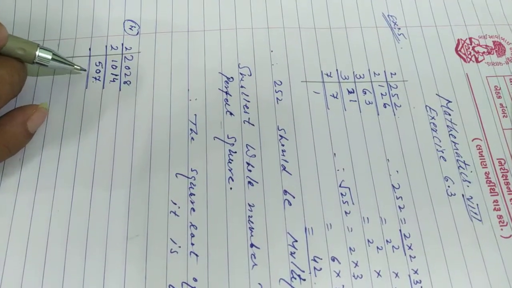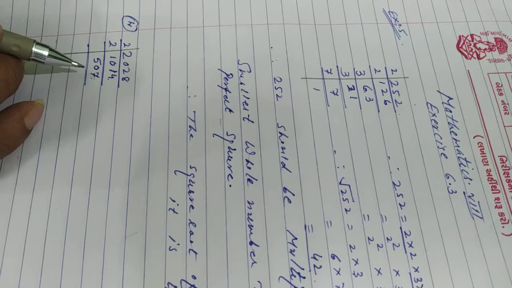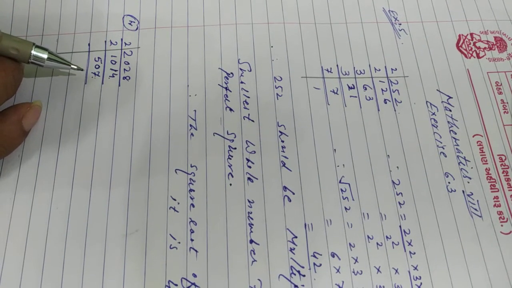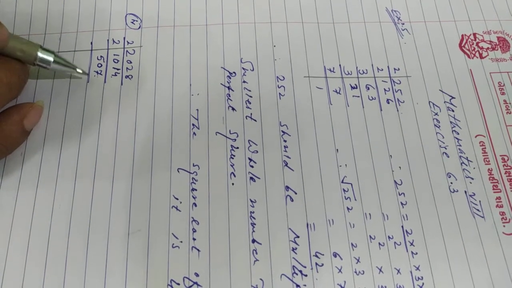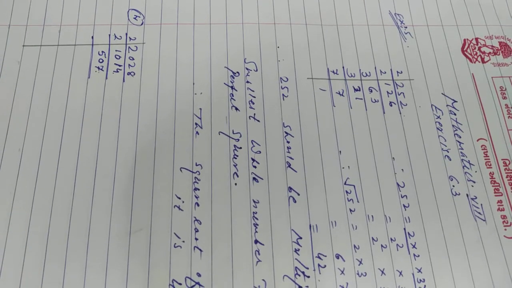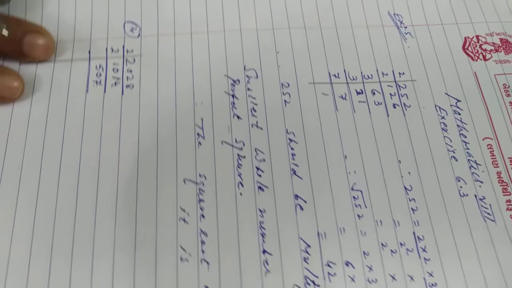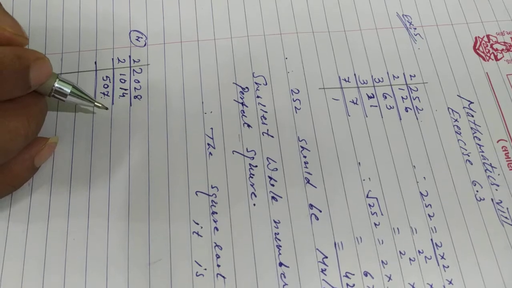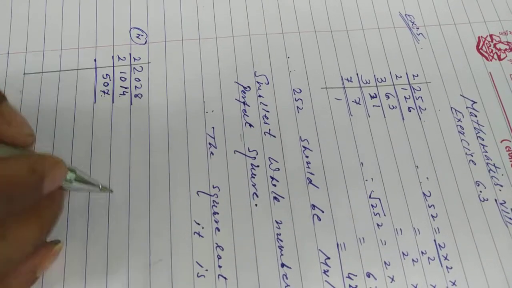Now 5 plus 0 plus 7 is 12, so it can be divided by 3.